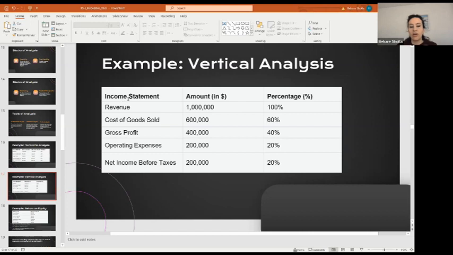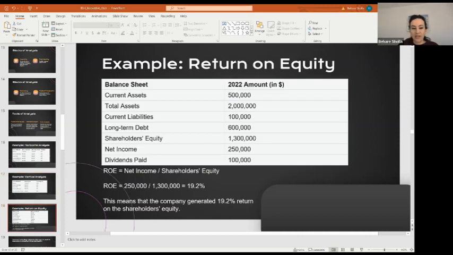This is our base number. We haven't presented net income before taxes as a percentage of cost of goods sold, because then it wouldn't be a vertical analysis. I hope that this answer helped you understand the vertical and the horizontal analysis better.